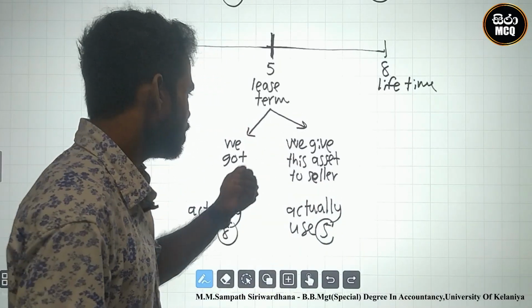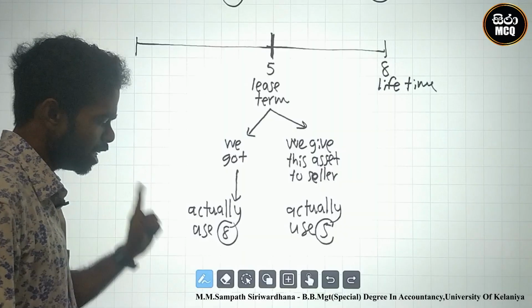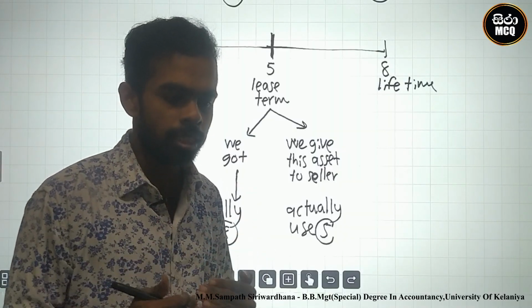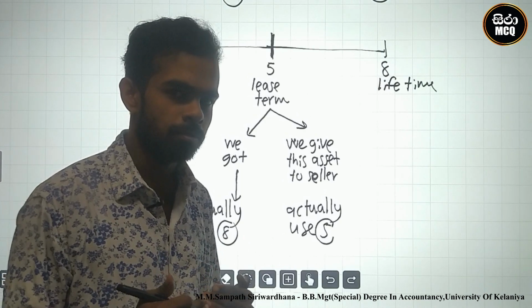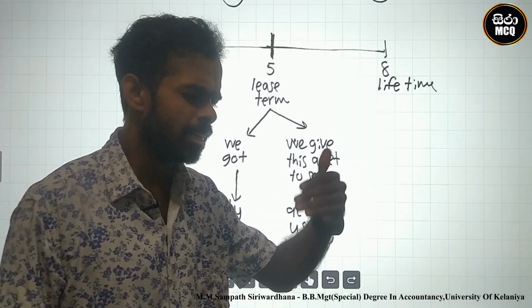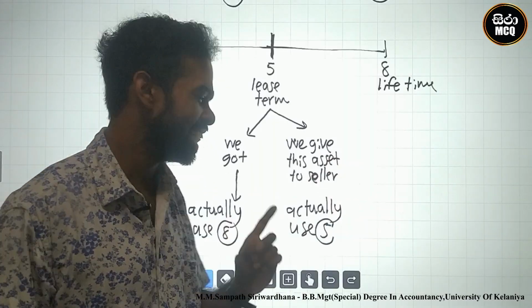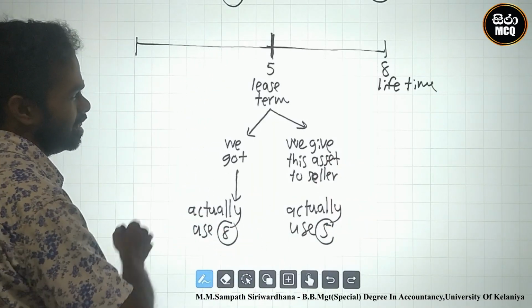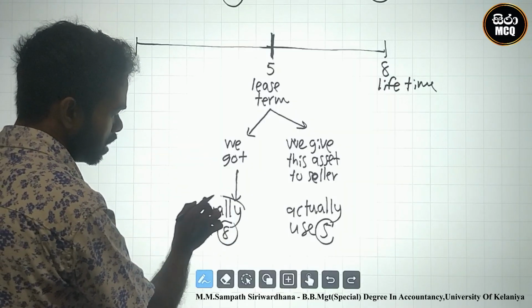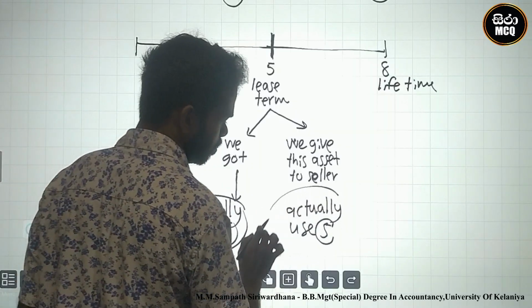Okay, but if after 5 years we got it, actually we use 8 years. After 5 years, 6 years, 7 years, 8 years we use. Okay, actually we use 8 years. After that there are two options. Actual usage time is this one.